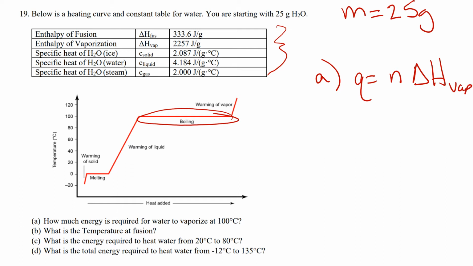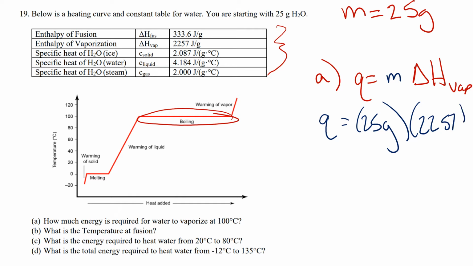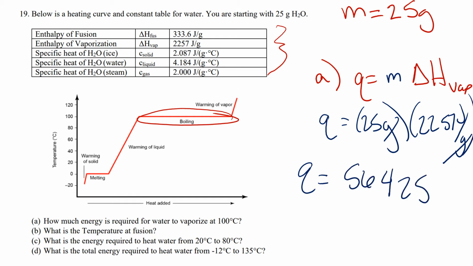If they give you anything in moles, that n is why it's important, but we have grams, so I'm going to change that to m for mass. So Q is equal to 25 grams times the delta H of vaporization, 2,257 joules per gram. Those grams cancel, and Q is equal to 56,425 joules.